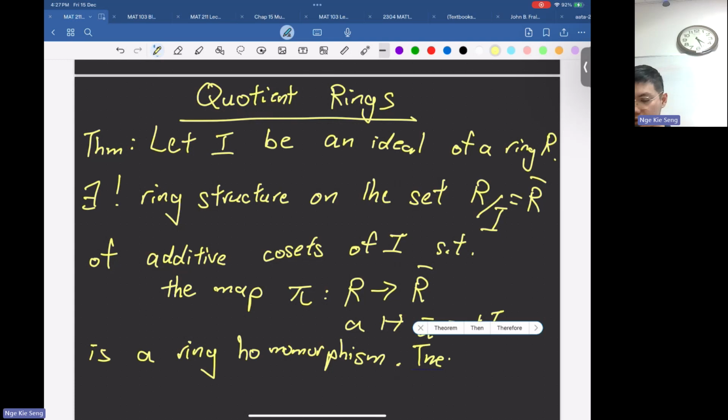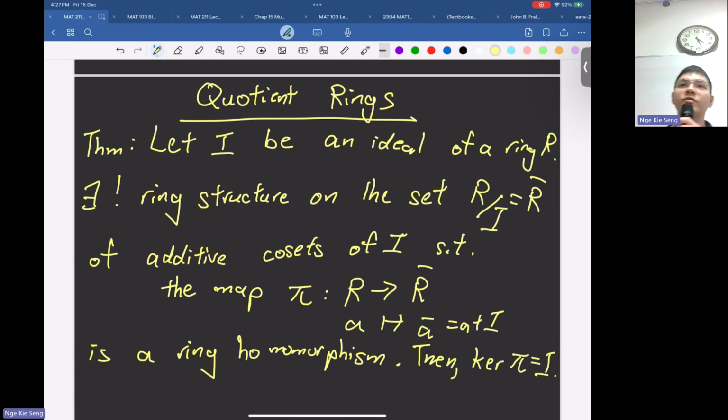And the kernel here is just I. This part is still the same as for a group. Any question?